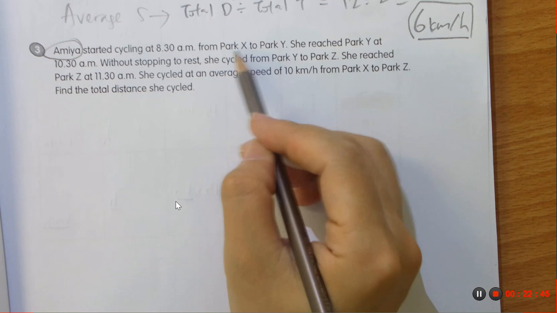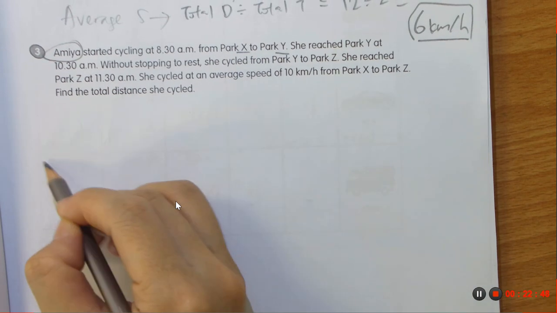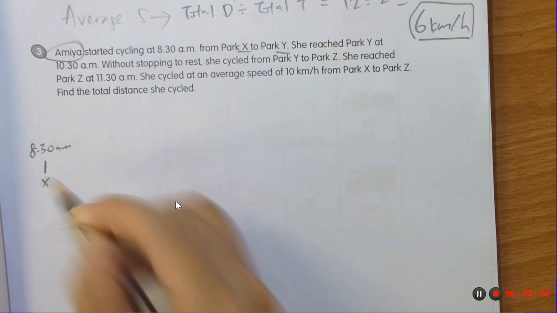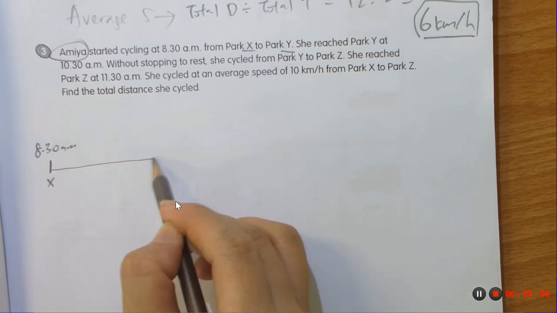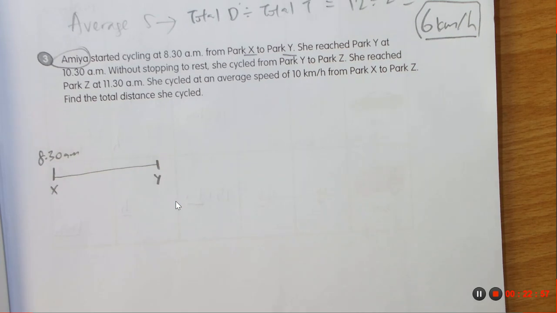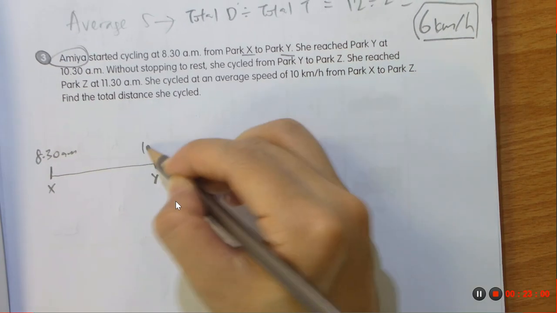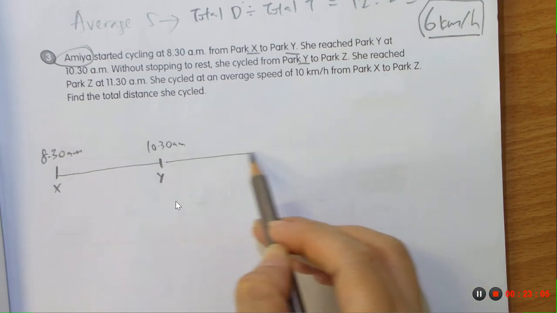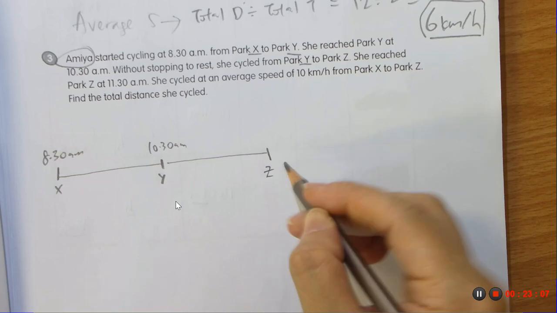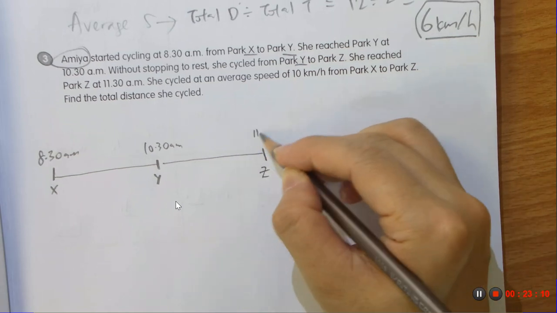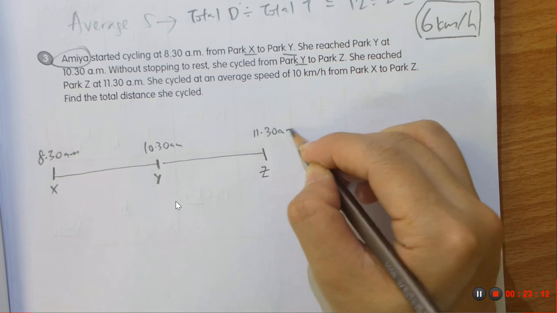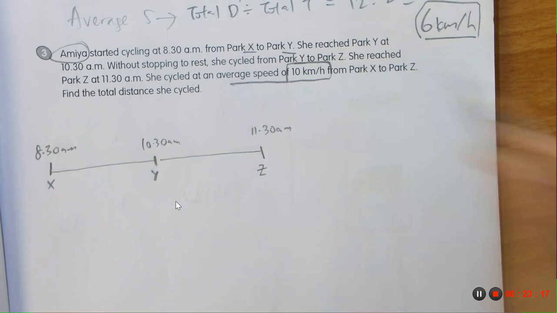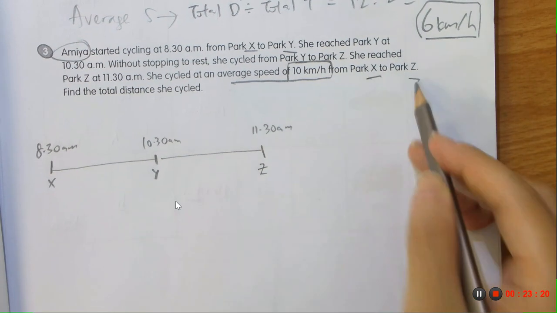Let's see. X to Y. Started at 8:30 a.m. She ran from X to Y without stopping to rest, she went on from Y to Z. At 11:30 a.m. She cycled at an average speed of 10 km per hour from X to Z.